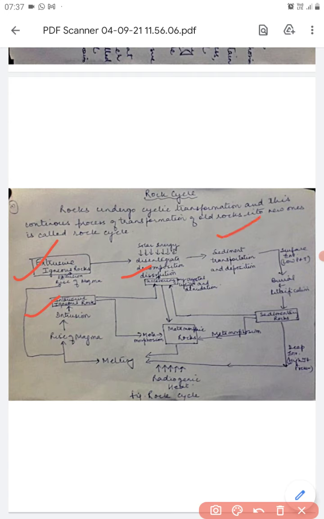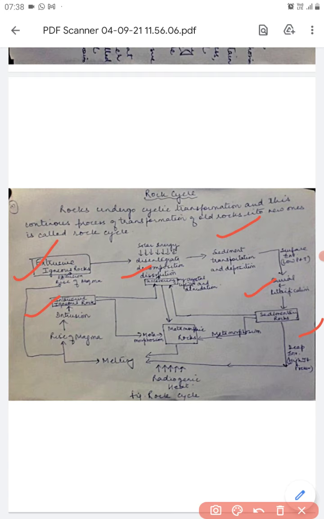These sediments are formed where the temperature and the pressure is low, and after facing the surface environment, they get buried, and due to the process of lithification, they form the sedimentary rocks.